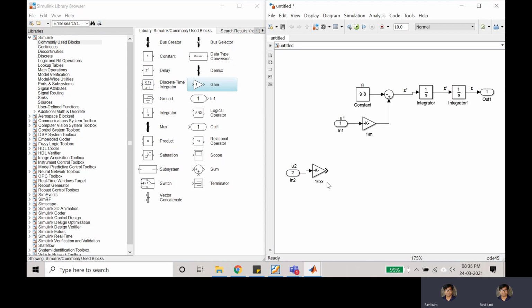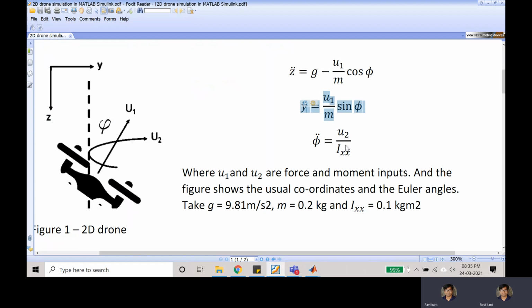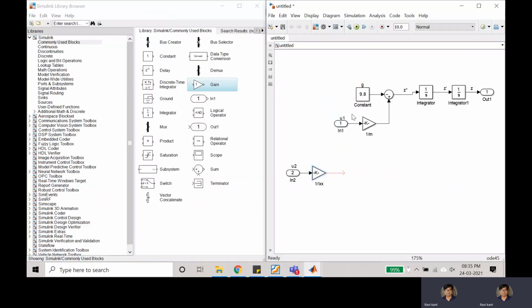I'm going to feed the signal into this gain. Whatever signal is coming out over here is directly my phi double dot. Okay, so I'll write here phi double dot.